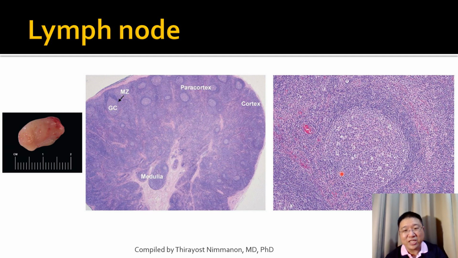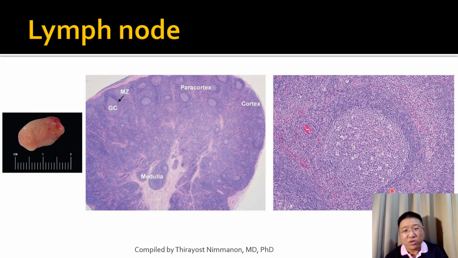If we imagine that the background is black, we are seeing the starry sky pattern. It's like we see tingible body macrophages as the stars, and the background is black. So this is a normal reactive germinal center. If we see a feature like this, this is likely reactive follicular hyperplasia.